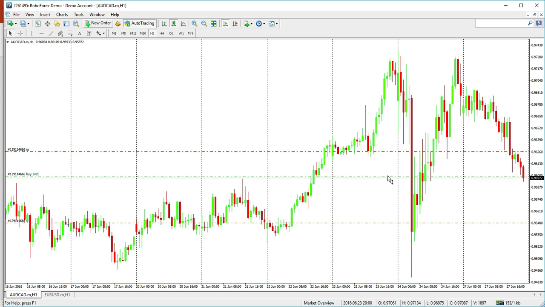If you started your EA and it got a signal from either moving average plus parabolic SAR, or from pivot points and parabolic SAR, it started a buy trade.